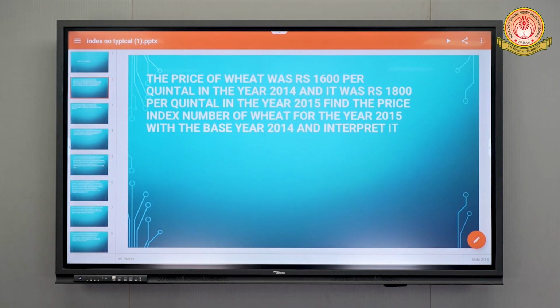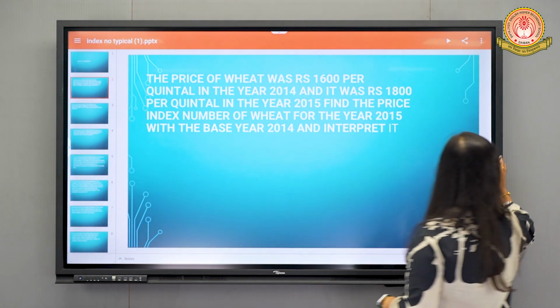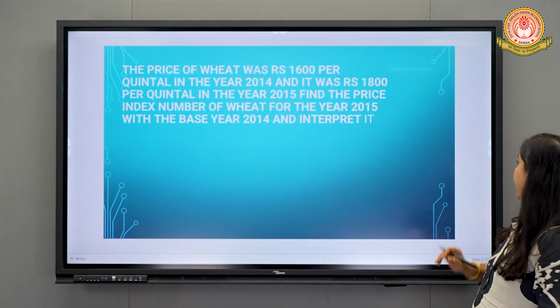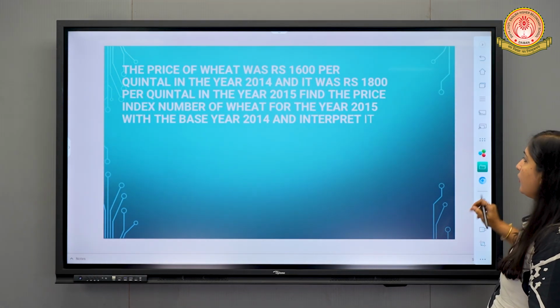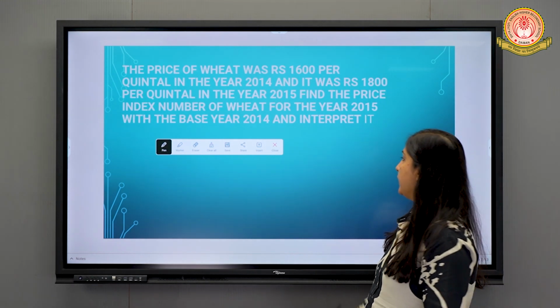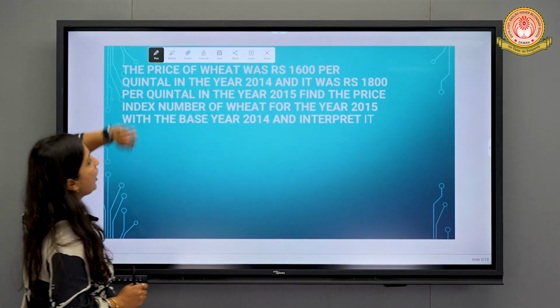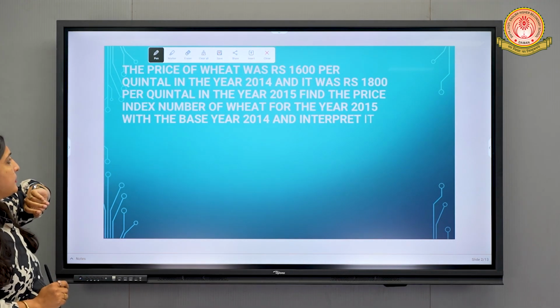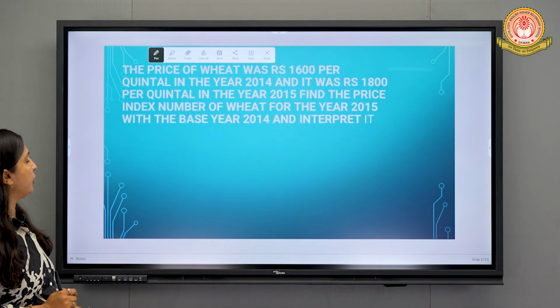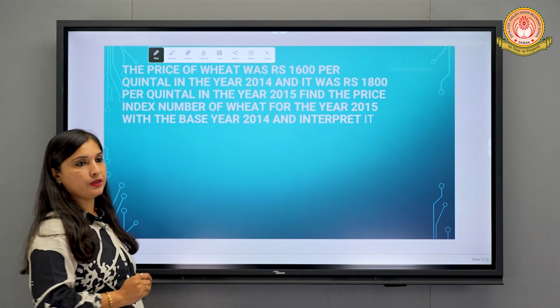The price of wheat was rupees 1600 per quintal and it has increased to 1800 per quintal by the year 2015. Find the price index number of wheat for the year 2015 with the base year 2014.